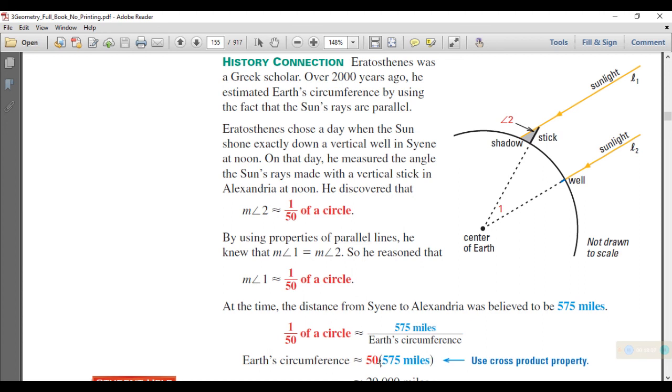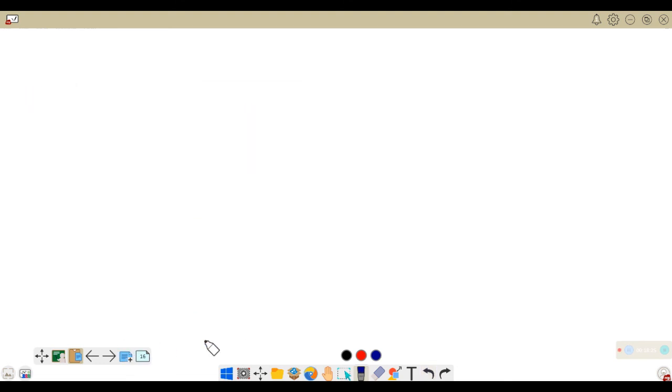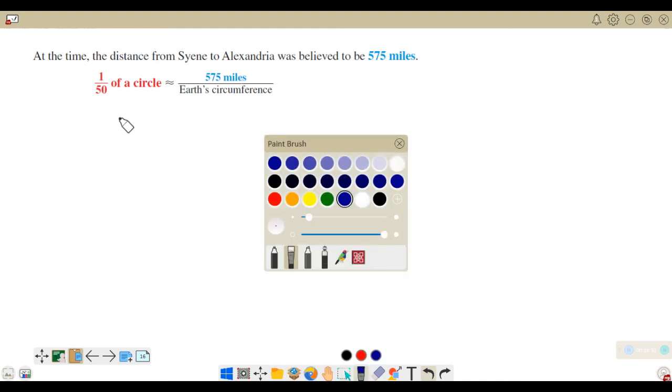So, Earth's circumference is approximately equal to... yung ginagawa natin before, baka malito kayo dito sa part na to, so isusulat ko siya dito sa kabila. This can also be written as 50 over 1 is approximately equal to... ginagawa natin to sa law of sines before.